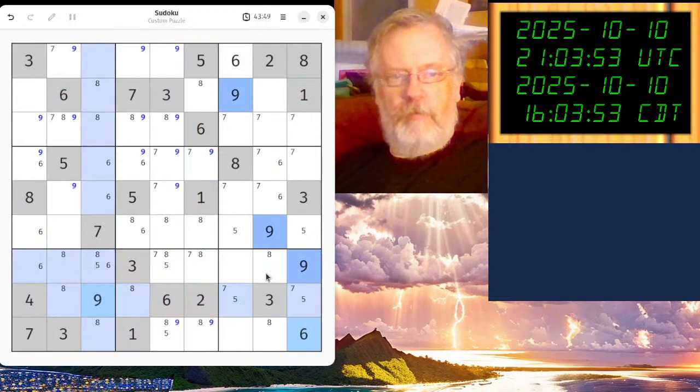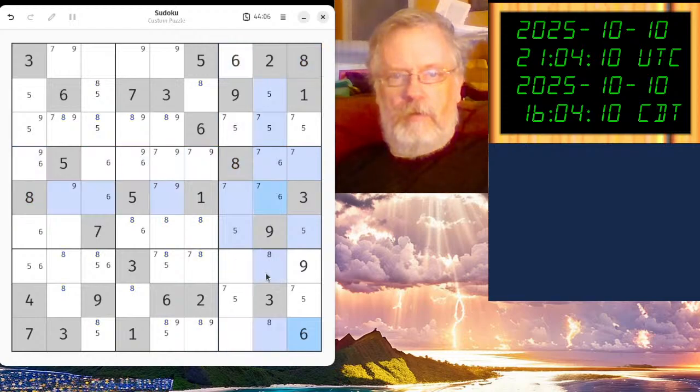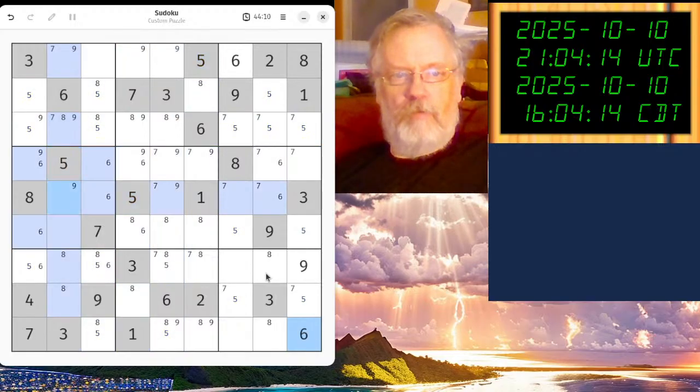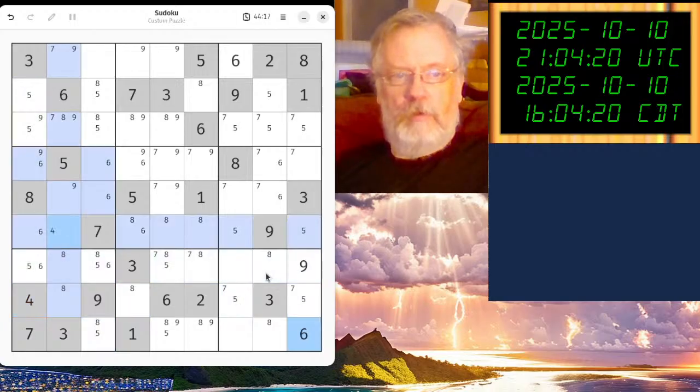I've got 3 possibilities here for 5. Up here, we've got 4 possibilities. 4 possibilities here. And the 2 marked in here already. Okay, on to 4s. Maybe I should save 4s for last. I need a lot of 4s to put in.